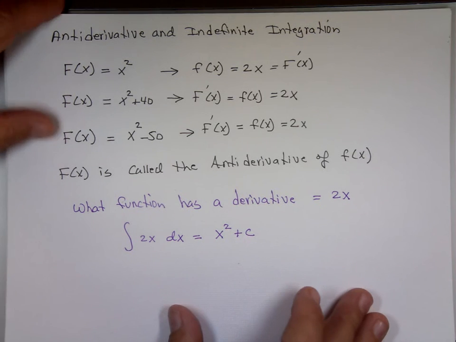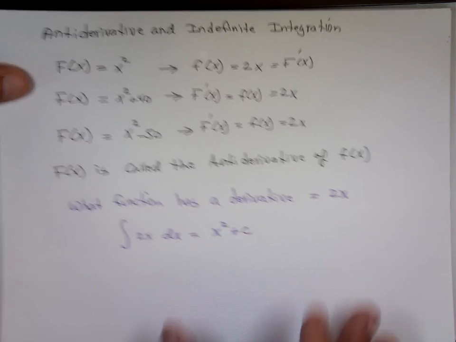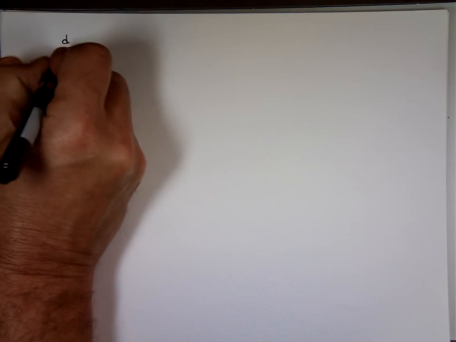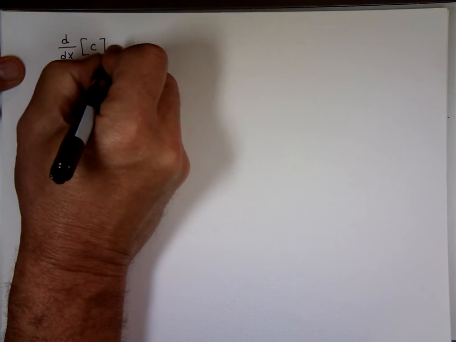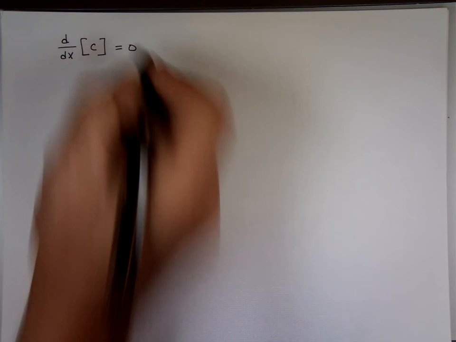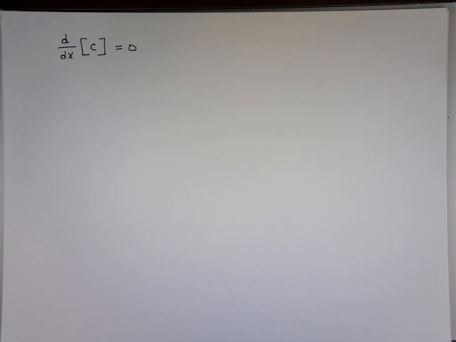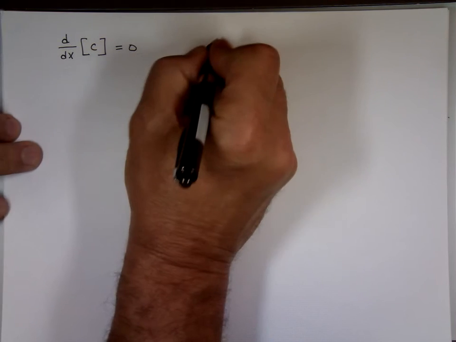Let's make a table here. Let's refresh your memory. What is the derivative of any constant? 0. Okay.